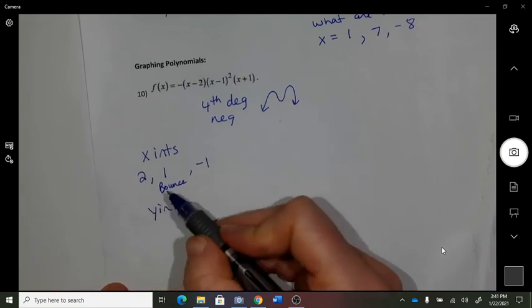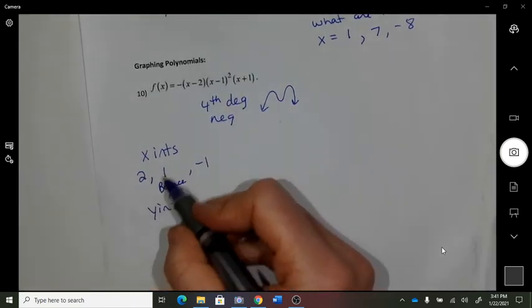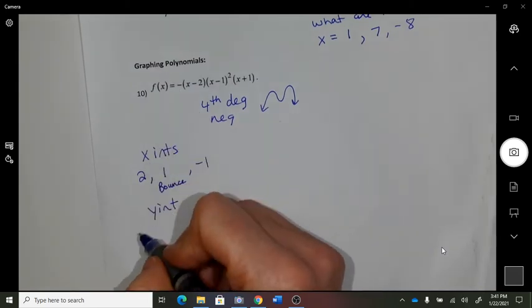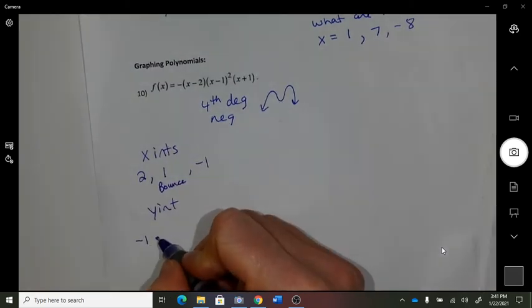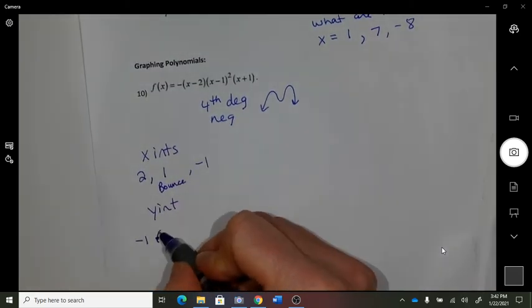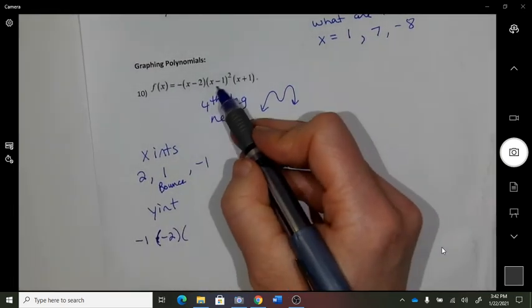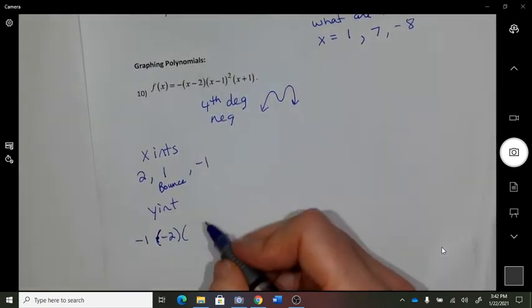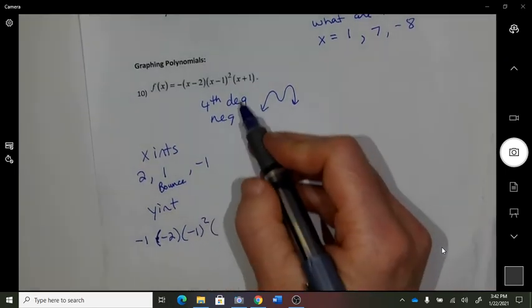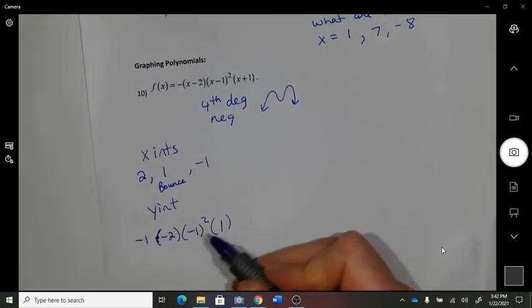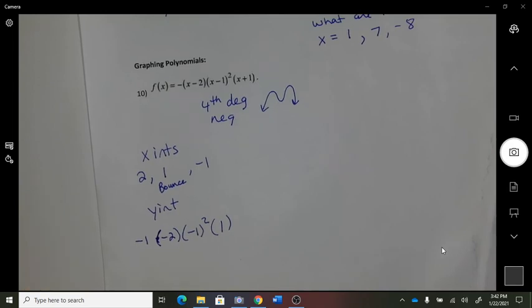The y-intercept means make all the x's 0, so the coefficient times -2 times -1 squared times +1. So what does that all work out to be? +2?